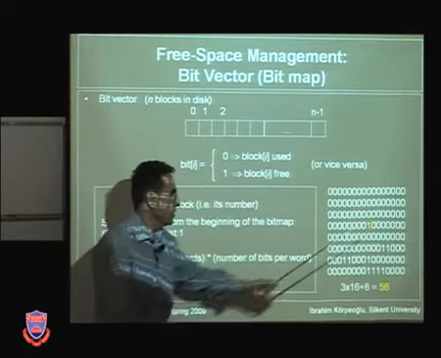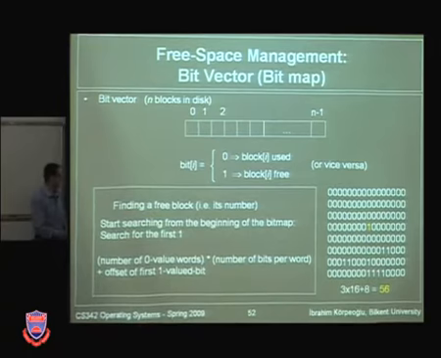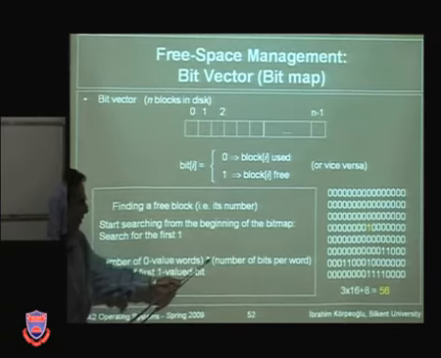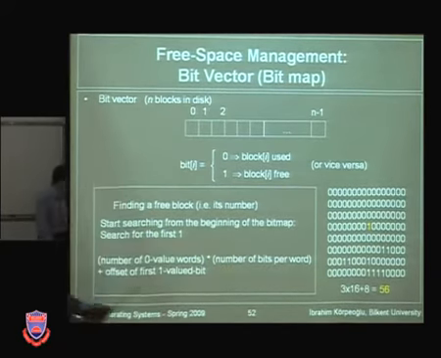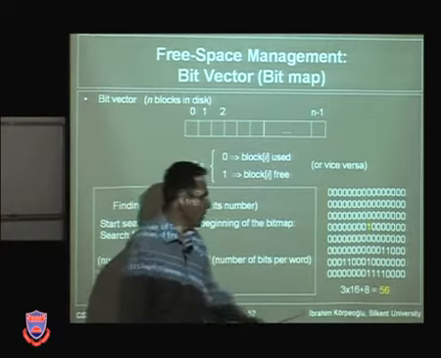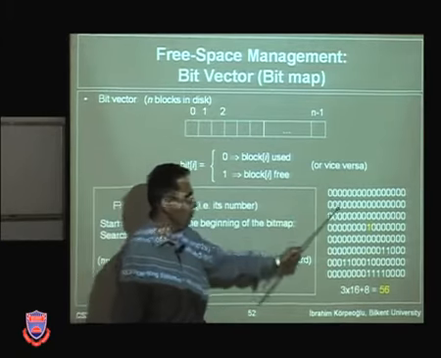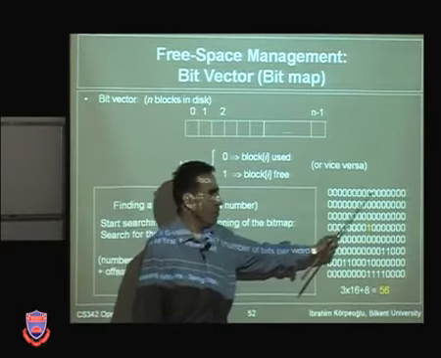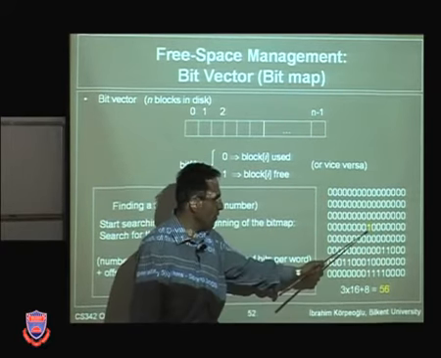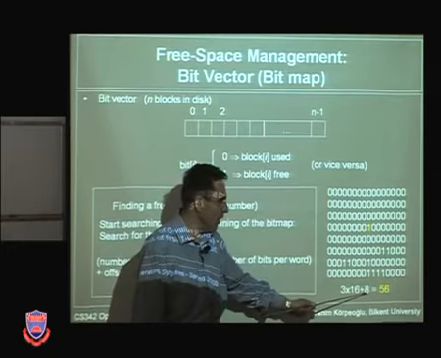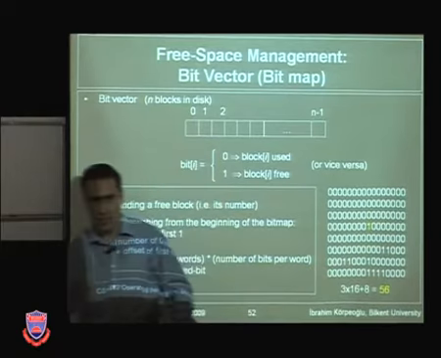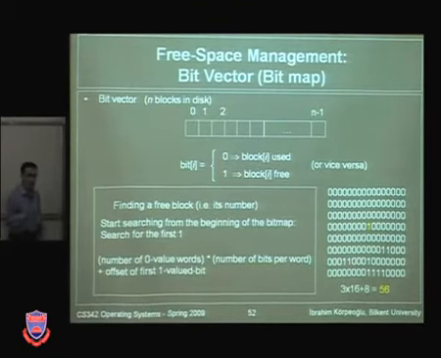Basically, the block number corresponding to that bit will be the number of 0-valued words multiplied by the number of bits per word, plus the offset of the first 1-valued bit in that word. For this particular example, the number of 0-valued words is 3 and the word length is 16. So 3 multiplied by 16 plus the offset of that bit, which is 8, gives 56. That means the corresponding block is block 56. So this is the free block.